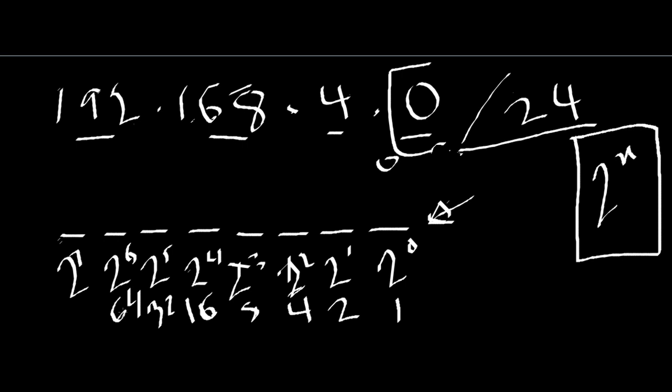And we keep going, 128. Wow. And you realize, if you add up everything, all the numbers here, 128 plus 64 plus 32 plus 16 plus 8 plus 4 plus 2 plus 1, you get 255.